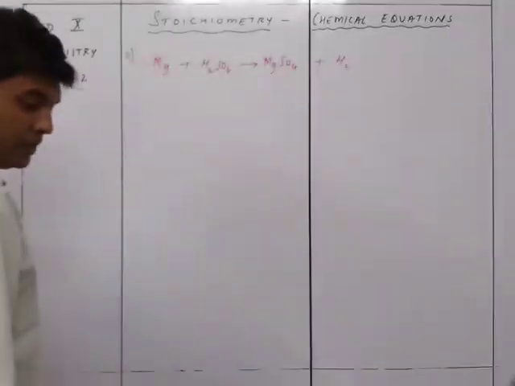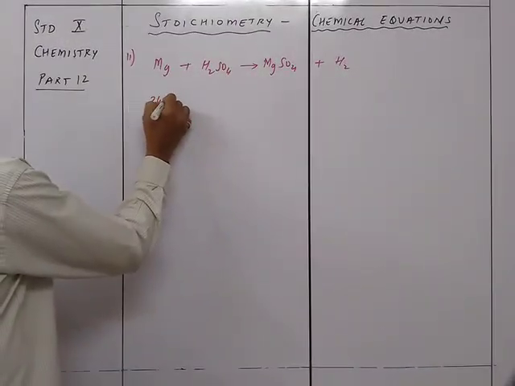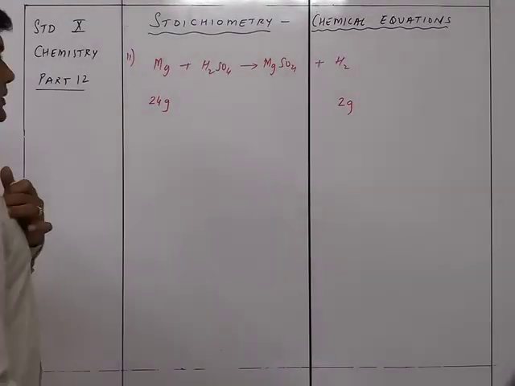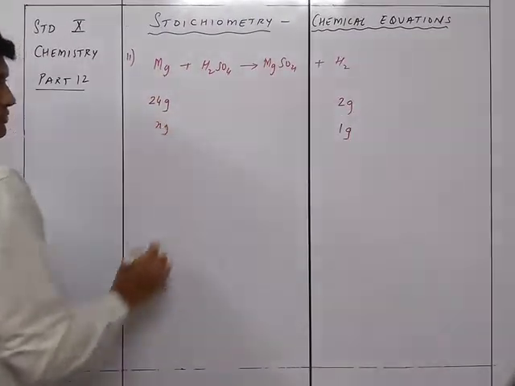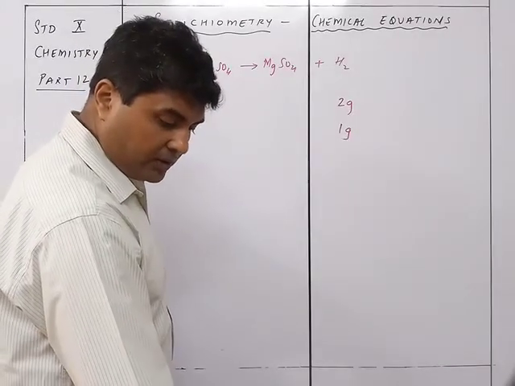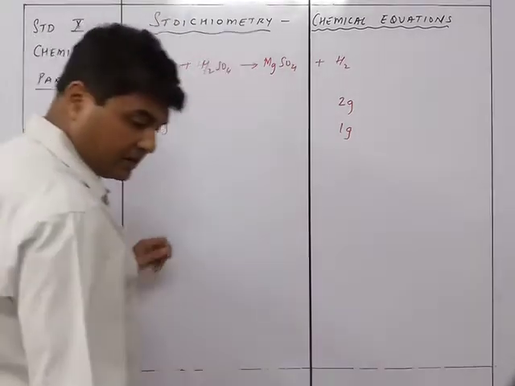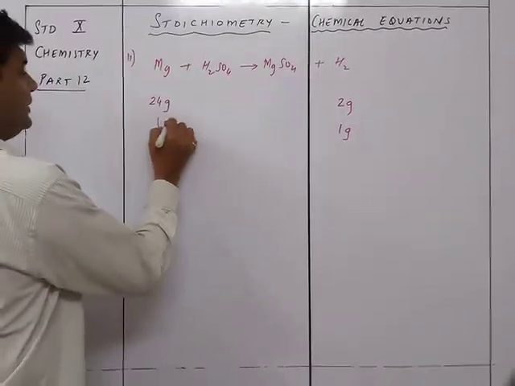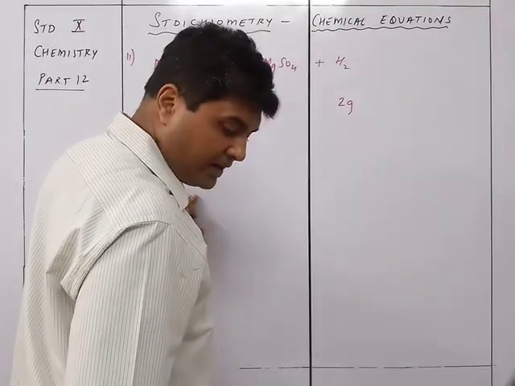Okay, so first of all, we know Mg is 24, so 24 grams gives you 2 grams. So 1 gram will give you how many grams? If it is pure, it will give you this much. So first of all, we will find out, we know that 1 gram of impure sample gave 298.6 cc.